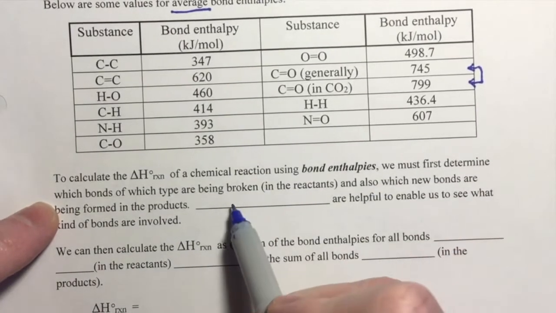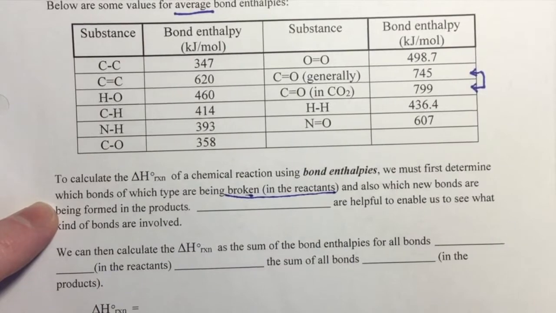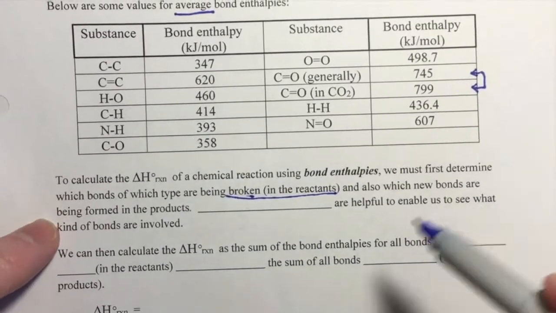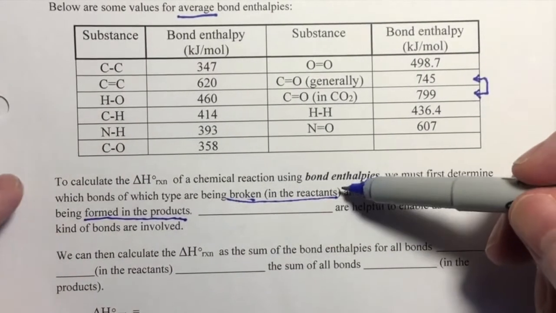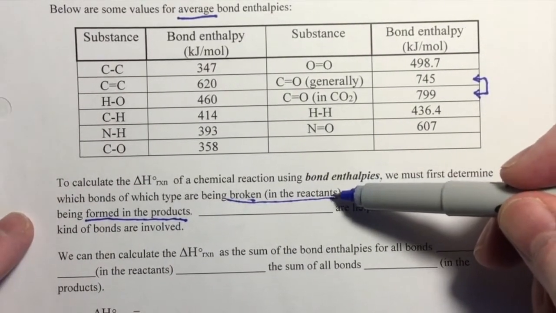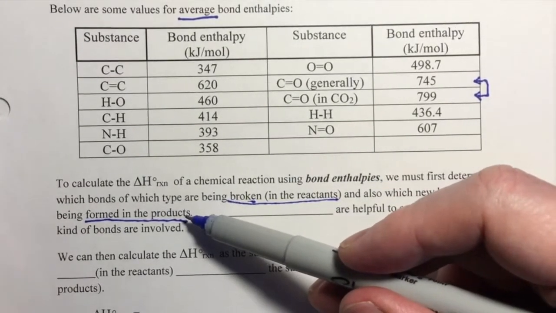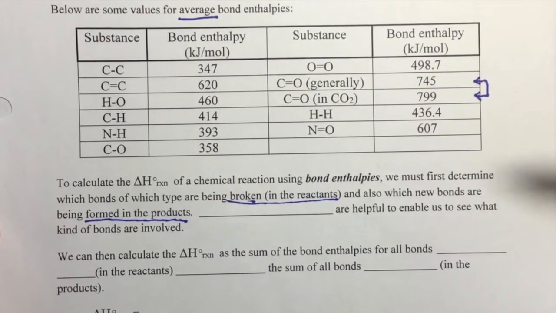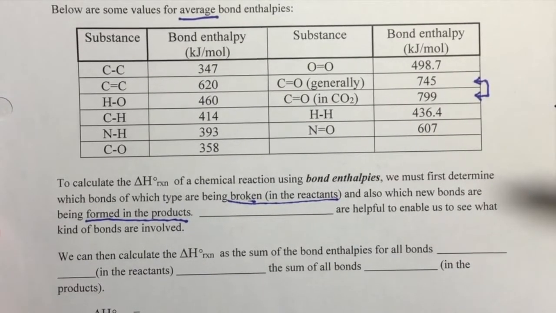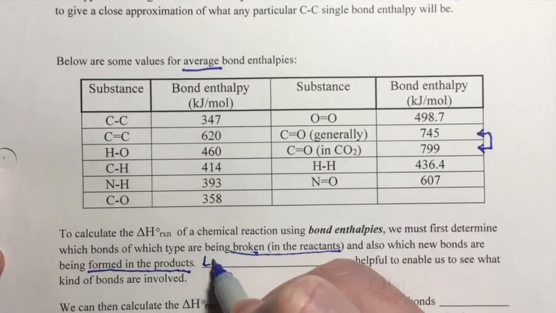And then which new bonds are being formed in the products. So you're going to have to input energy to break reactant bonds, and then you get out some energy that's released back to you when new bonds form in the products. And it will be very helpful if you draw Lewis structures.